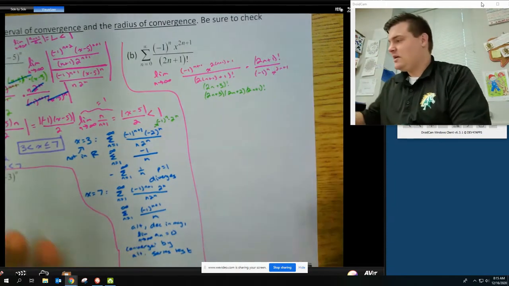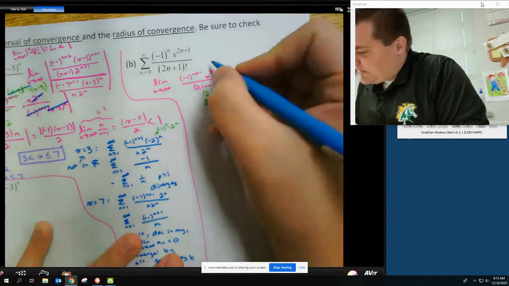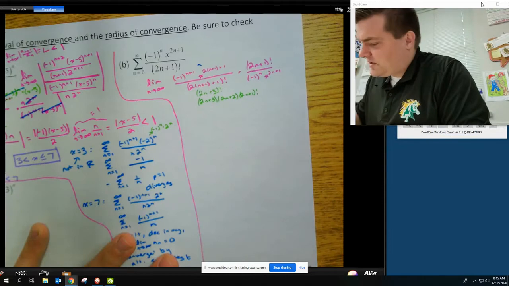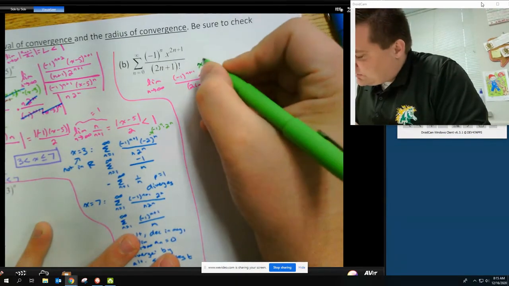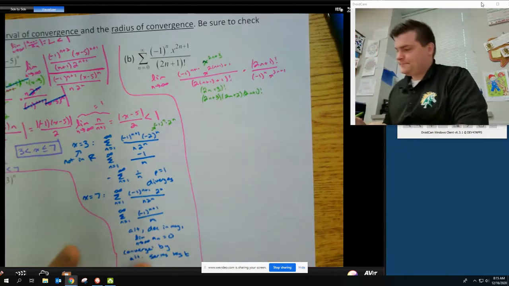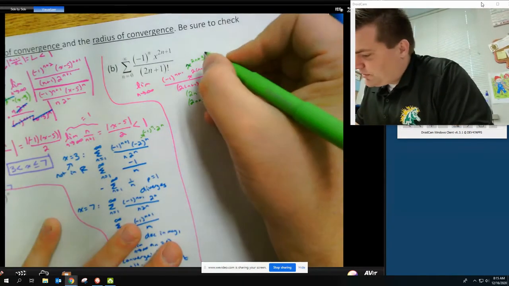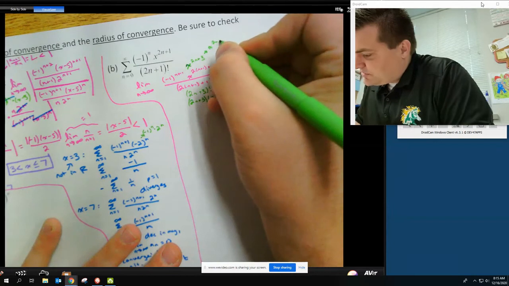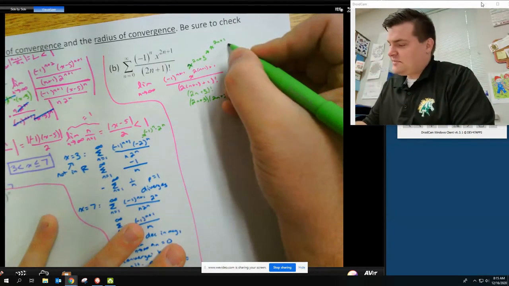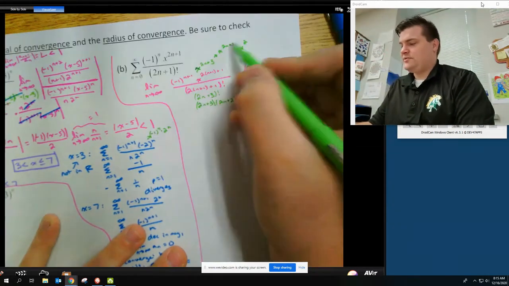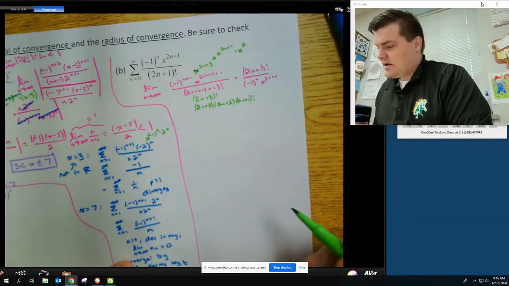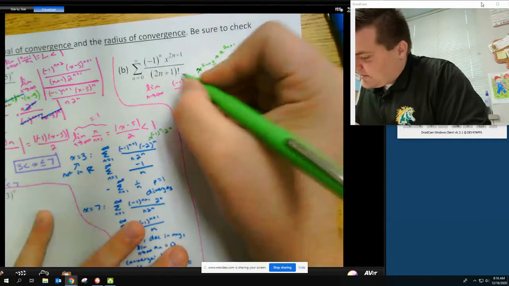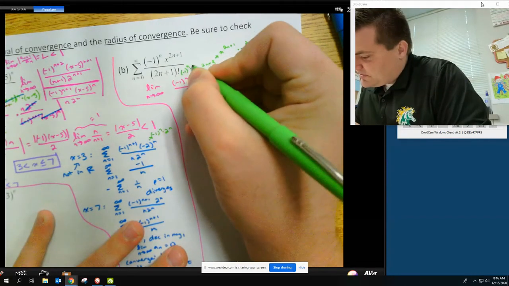This right here is going to become x to the 2n plus 3, which is really going to equal x to the 2n plus 1 times x squared. If you add those together, you're going to get the 2n plus 3. And then this is really negative 1 to the n times negative 1.